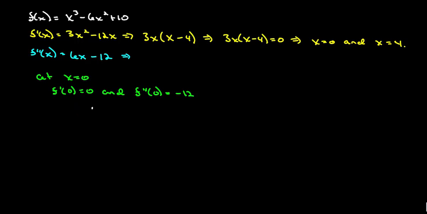So if I go ahead and sketch out the graph, it tells us that at 0, I don't know where my function is. Well, I do know where it is for its height. It's up at 10. So let's label this point, 0, 10. First, I know that this is a critical point.